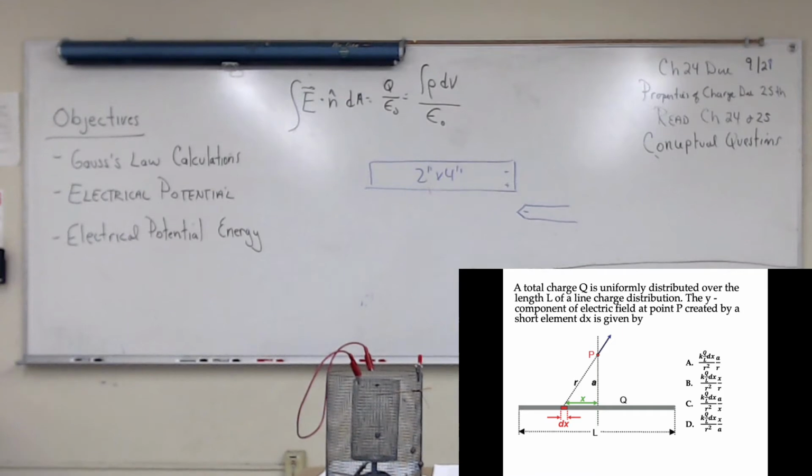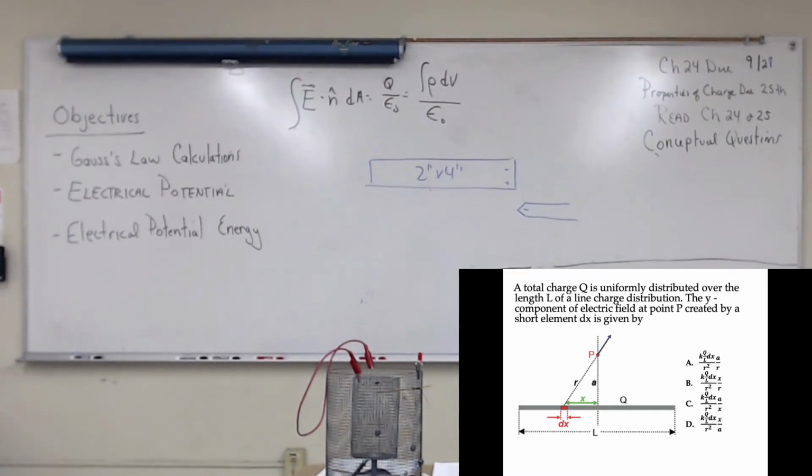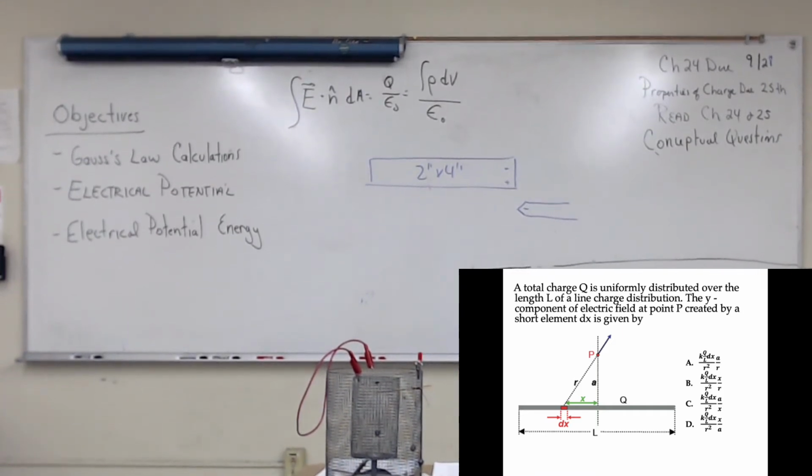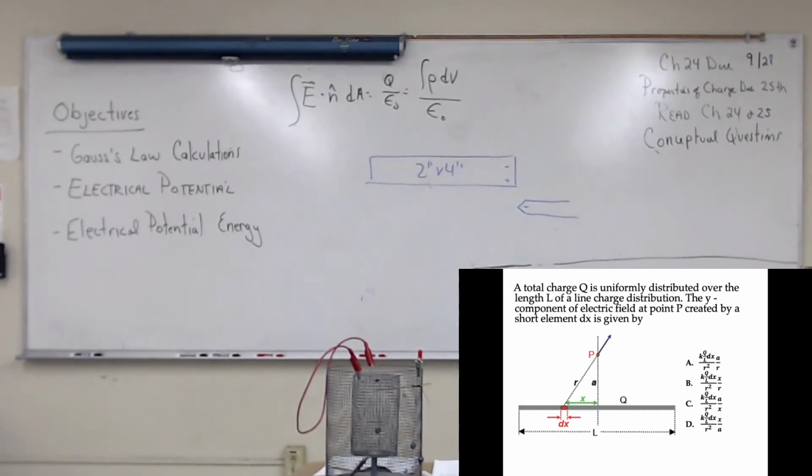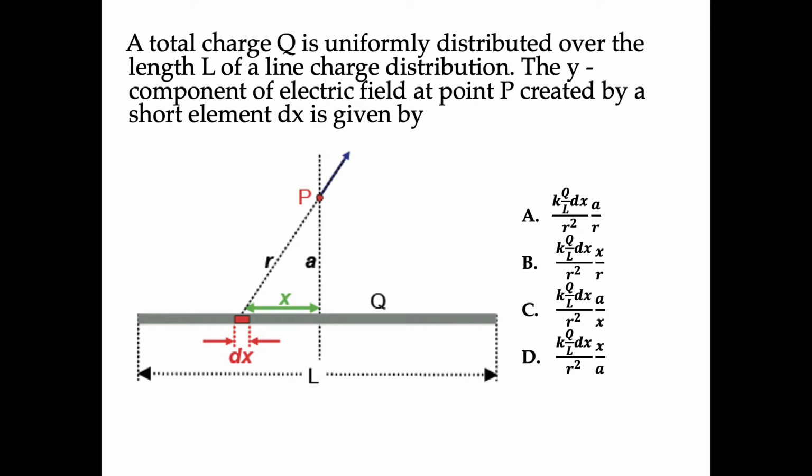So this one, oh, hold on a second, let me try to start the poll. Okay, so this one is more of setting up the integral to do the calculation. You want to calculate the electric field due to that small portion of the rod.